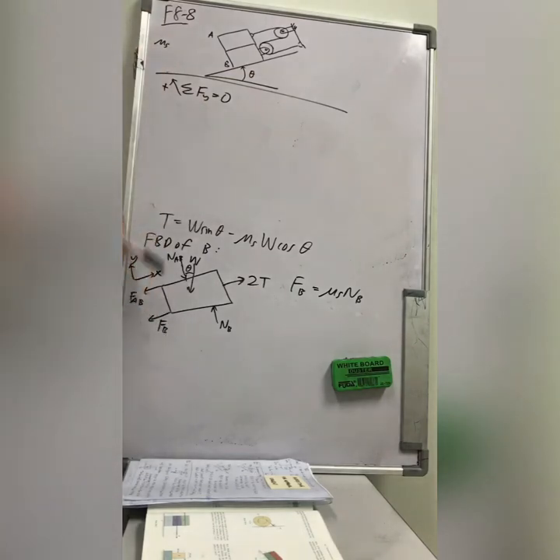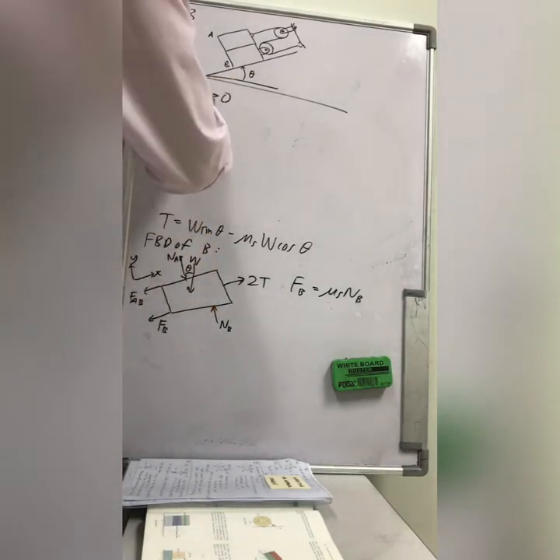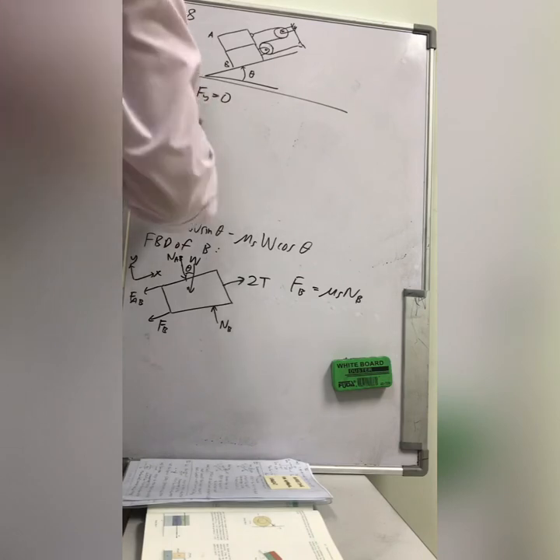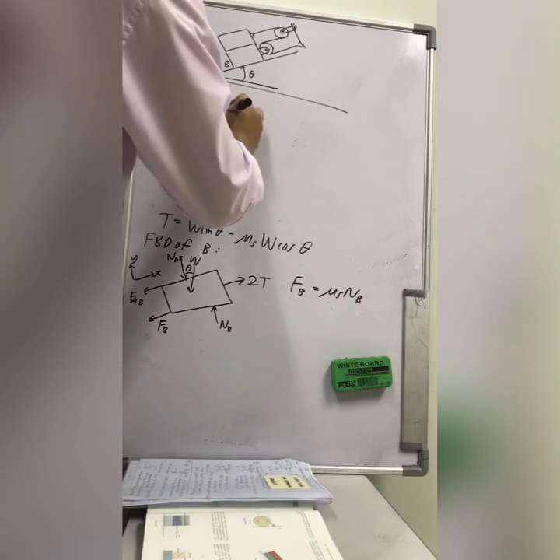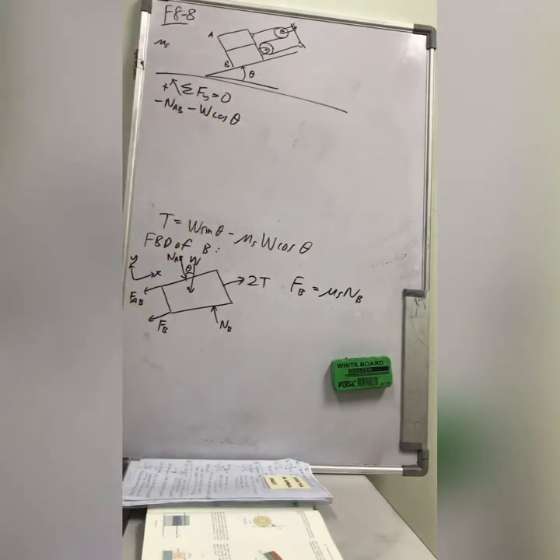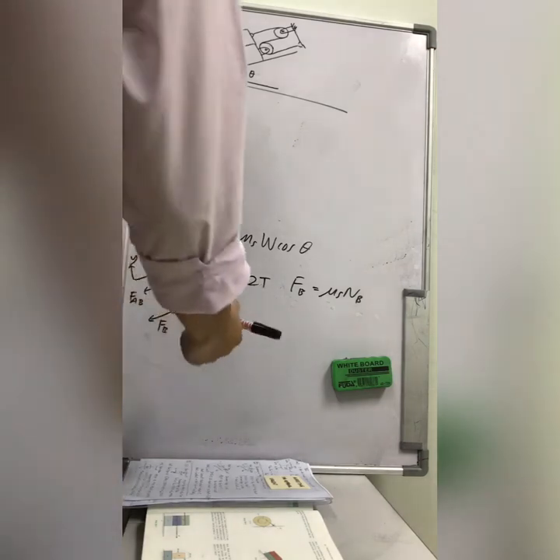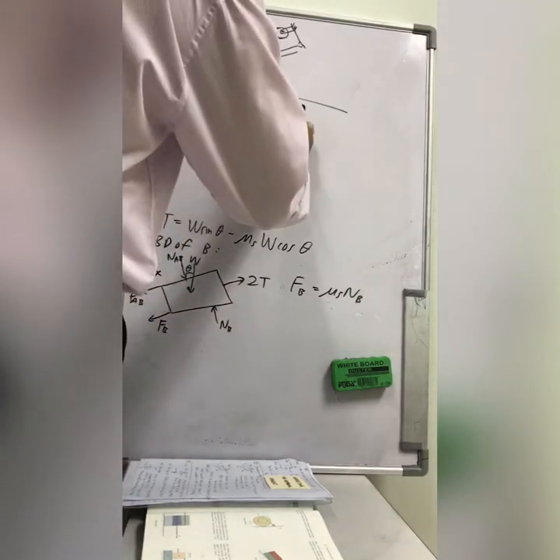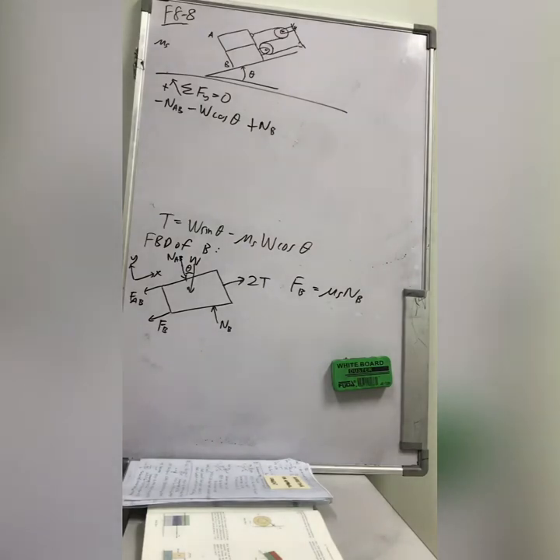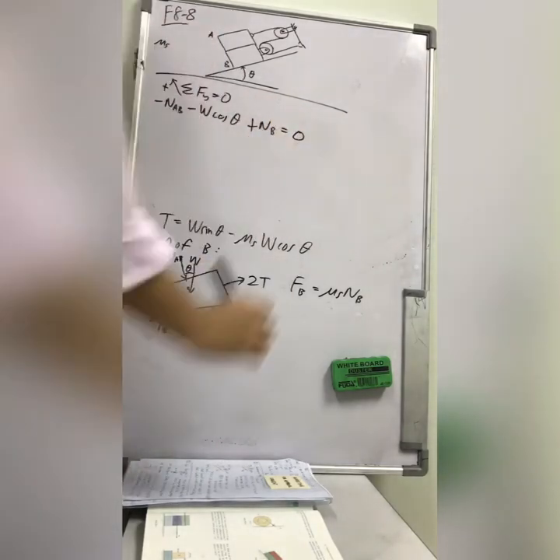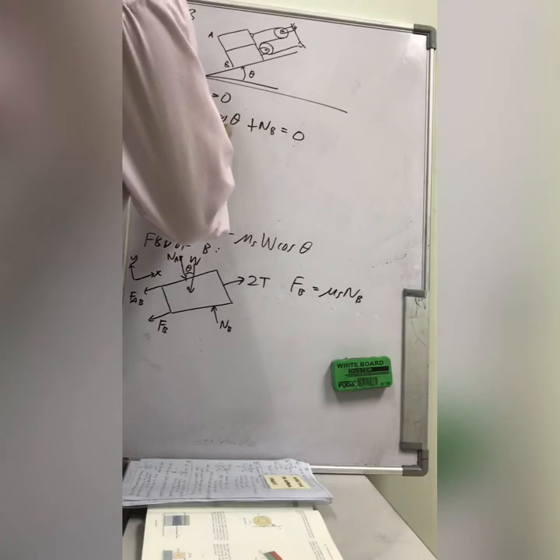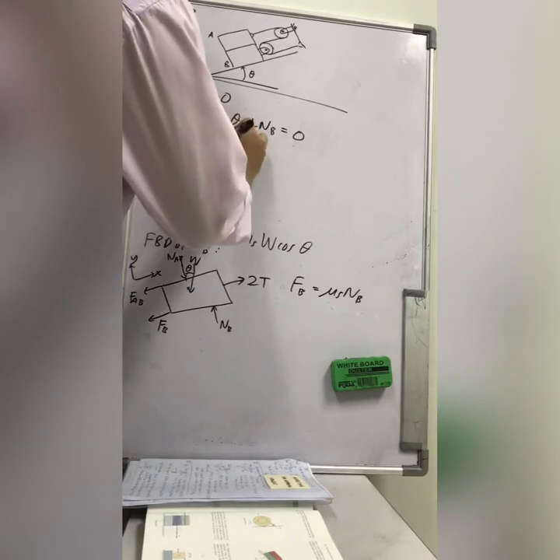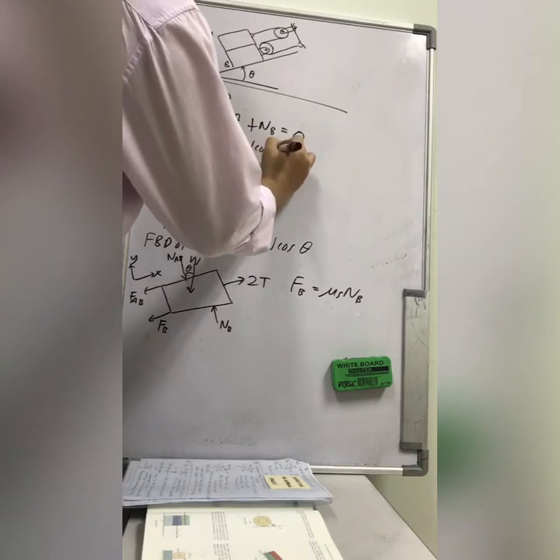Going up as positive, you have minus N_AB, right? What else? You have minus W cosine theta. What else? You have plus N_B. Do you have another equation in the y direction? No. So it equals 0, the equilibrium. And then from here, you express your N_B as N_AB plus W cosine theta.